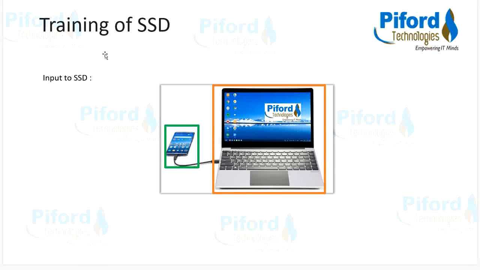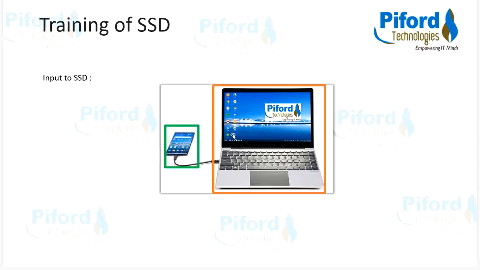Let's talk about the training of SSD, how to train SSD. Look at this image over here. Whenever you want to give input to single shot detector, you should have images with ground truth boxes for each object in the image.